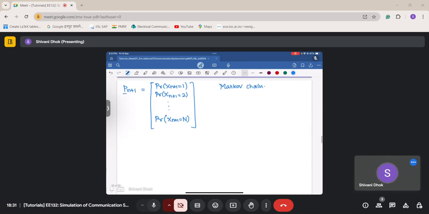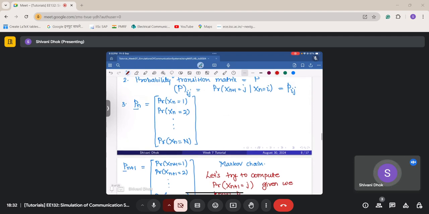So what we'll do is we'll generalize it and try to compute the probability that xn plus 1 takes state j, given that we know Pn.